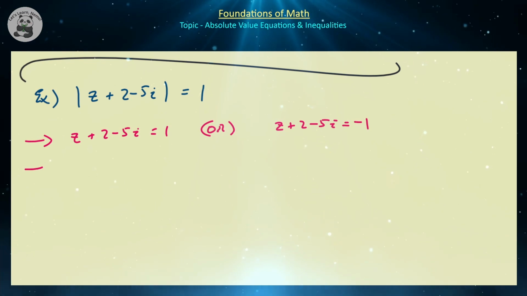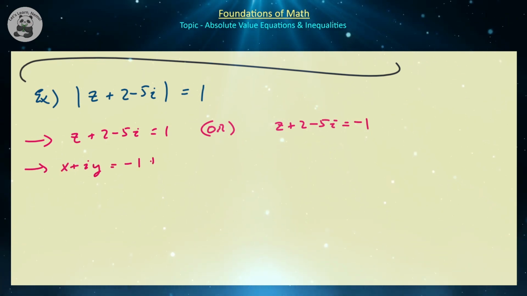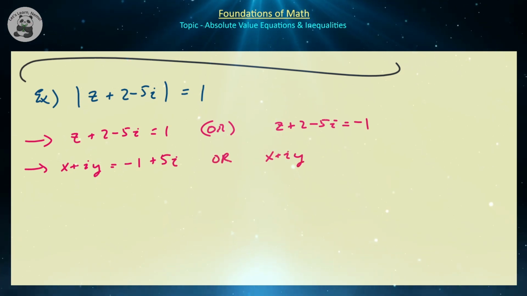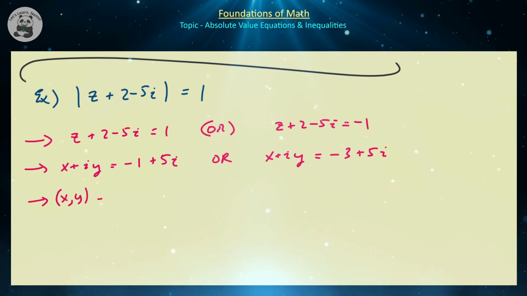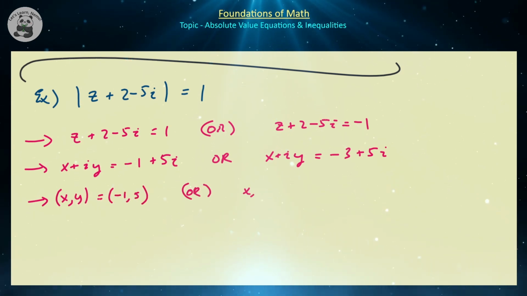So you're going to have that x plus iy will be equal to minus 1 plus 5i, or x plus iy is going to be equal to minus 3 plus 5i, which means that x comma y will be equal to minus 1, 5, or x comma y will be equal to minus 3, 5.